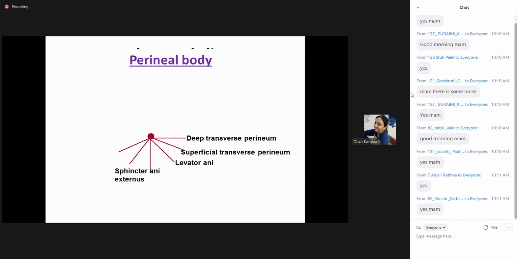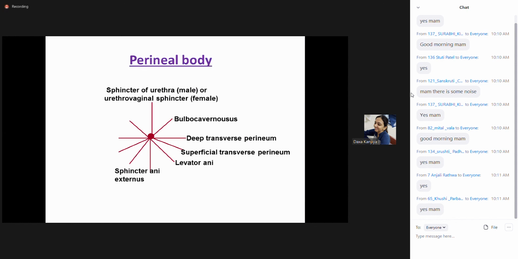Deep to it, there lie two deep transverse perineum. Anteriorly, there are two bulbocavernosus, and most anteriorly, the sphincter of urethra, or in the female, the sphincter of the vagina. So these are the 9 to 10 muscles inserted on the perineal body. You have to remember the names of the muscles inserted on the perineal body.